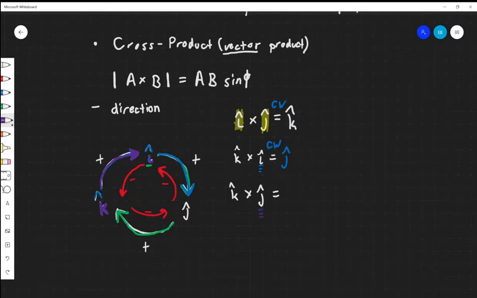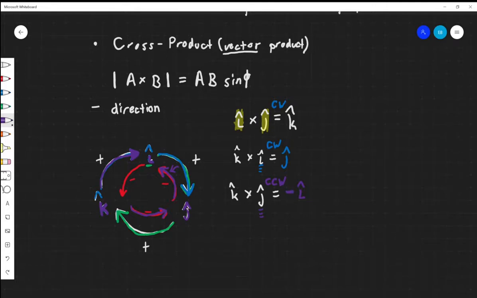I want J hat. So if I follow this inner arrow, the opposite direction, I get to my J hat. And then I keep following this arrow around, and I get to I hat. So K hat cross J hat is going to be I hat, but I went counterclockwise. I use this inner circle, so the inner circle means that that's going to be a negative.